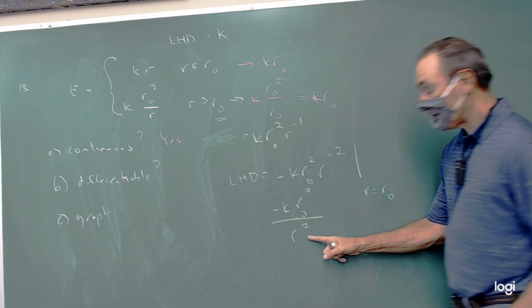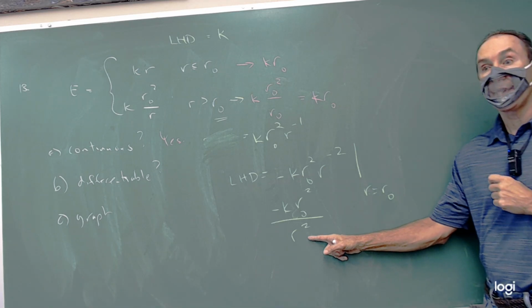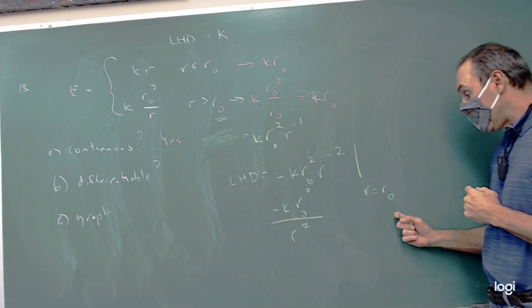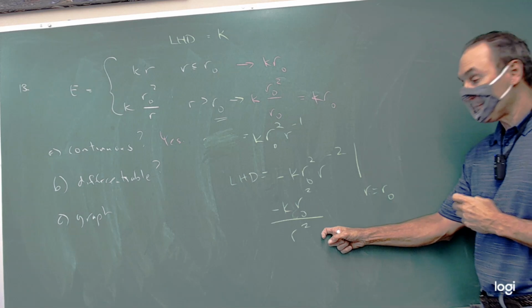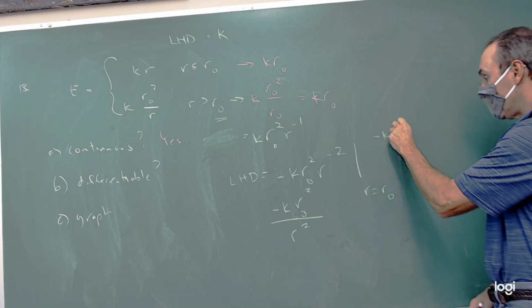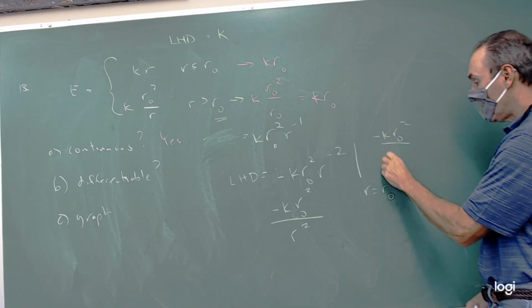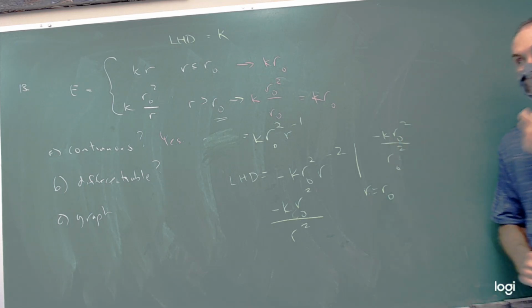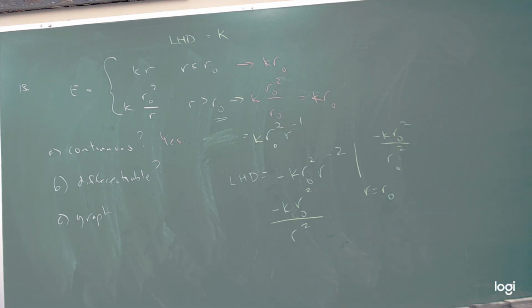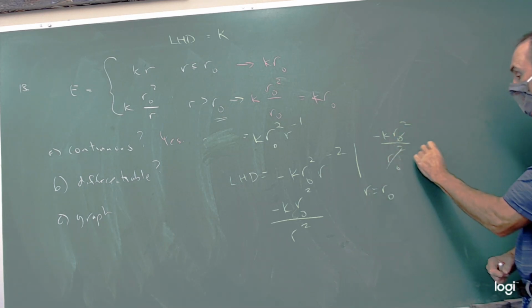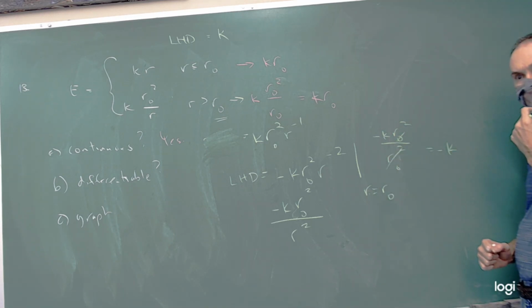The r to the negative 2, I'm going to go back to calling over r squared. Now plug in the r sub 0, and we got negative k r sub 0 squared over r sub 0 squared. With me? So the r sub 0 squareds are going to cancel, and we're getting negative k.